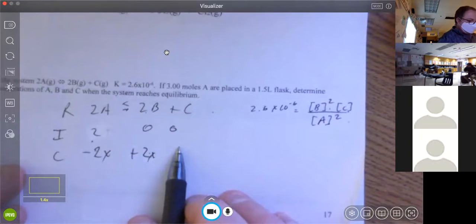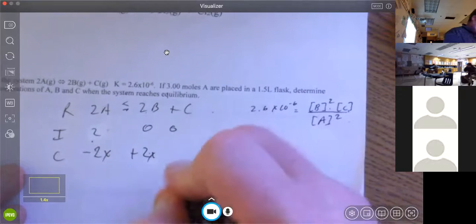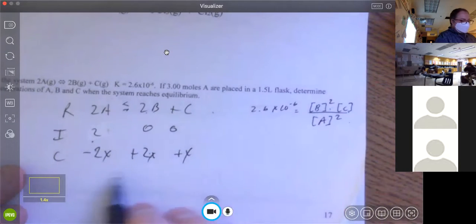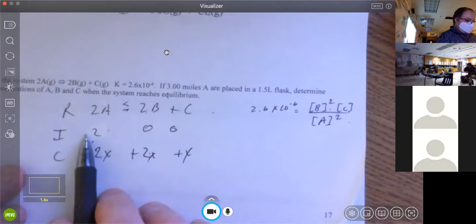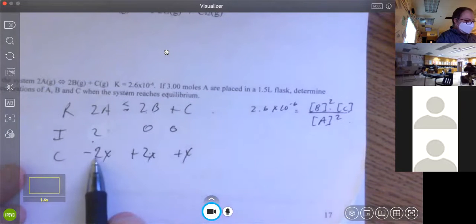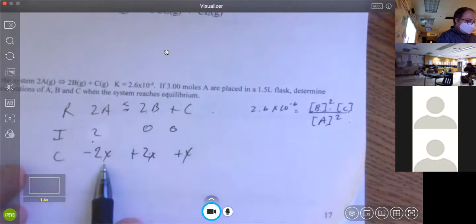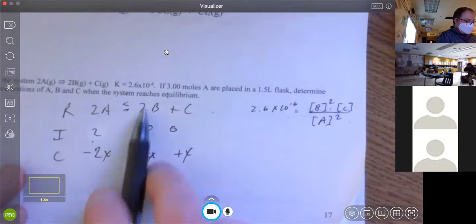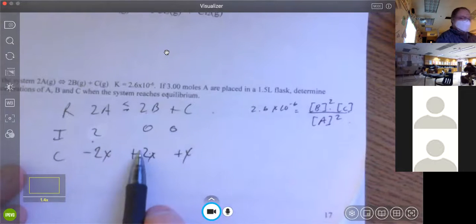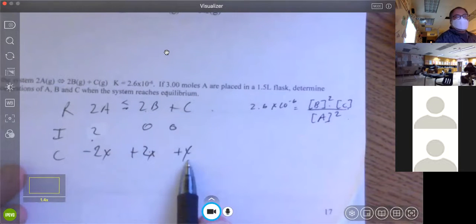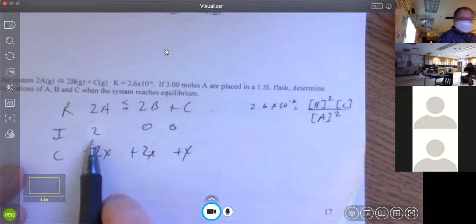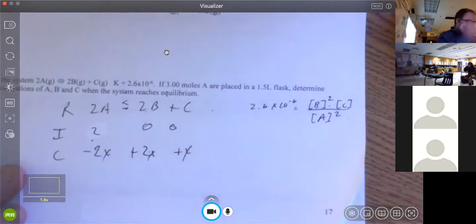C plus x, right? If you're not seeing this, all I'm doing is saying that the initial concentration of this may be 2. That's not why this is 2. It's 2 because of this. We're going to use up 2 moles per liter of this stuff to make 2 moles per liter of this stuff and 1 mole per liter of this stuff. The reason we're doing that is because of Le Chatelier's principle.